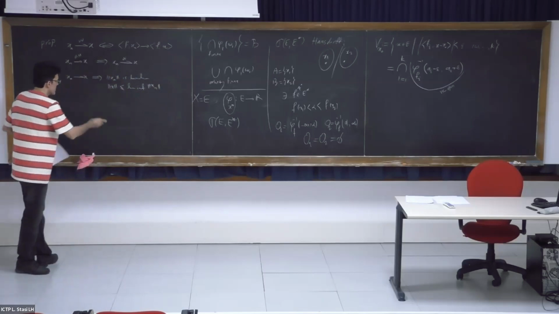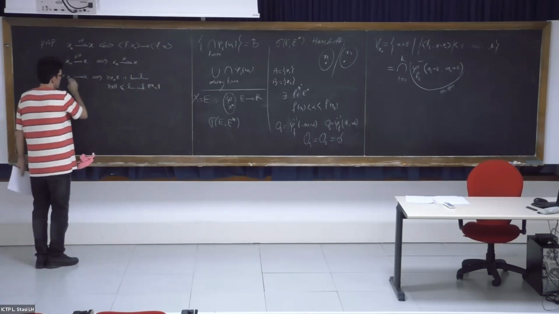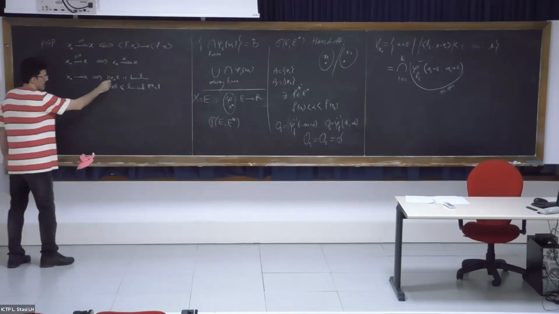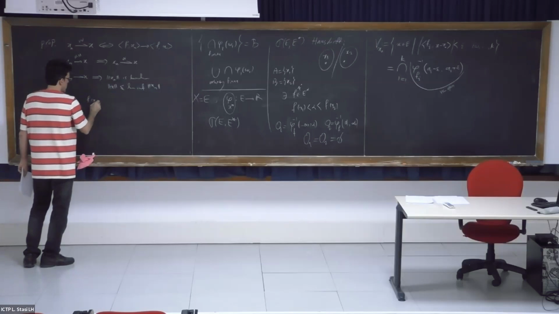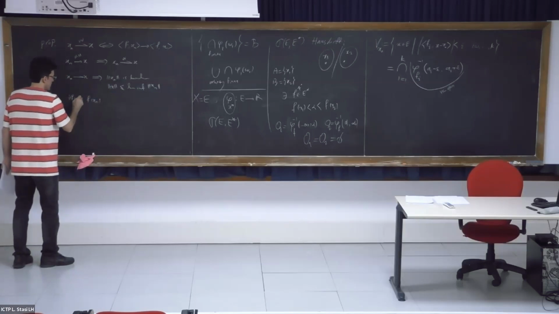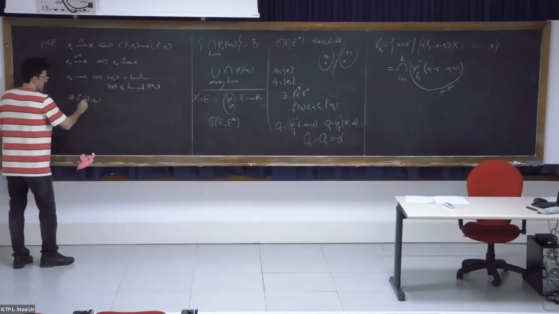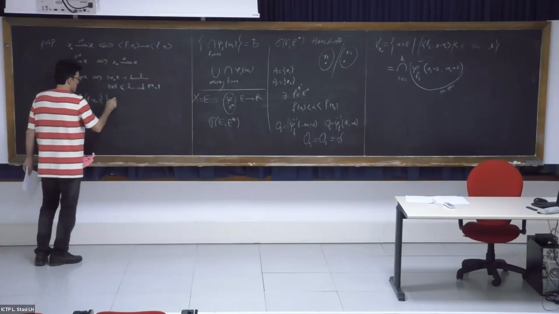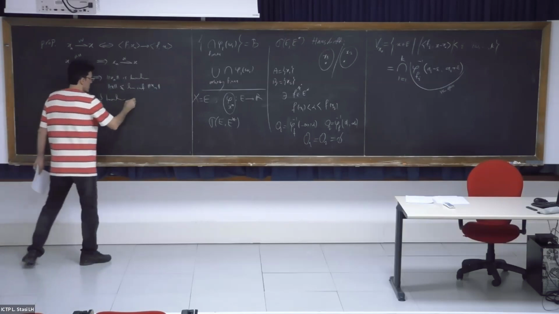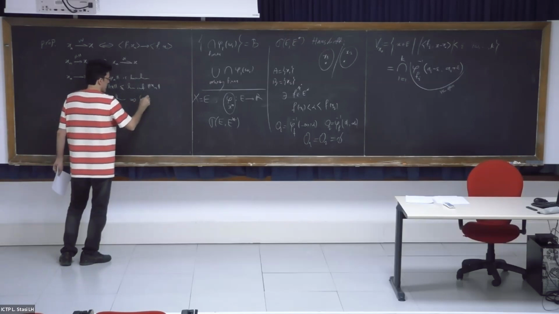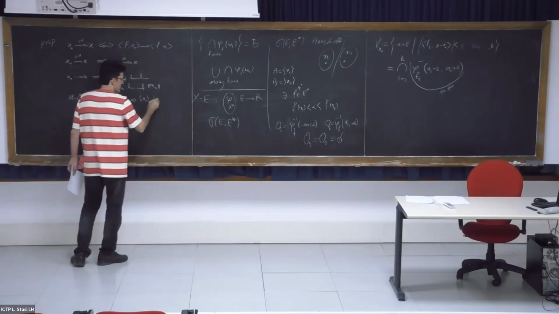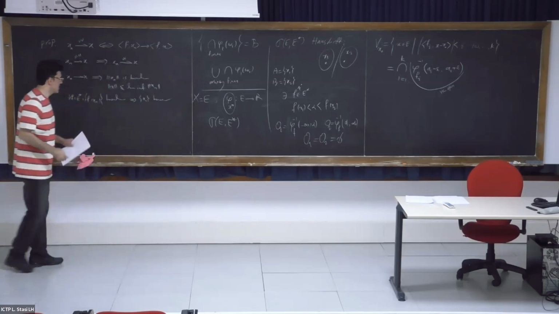Because if we have this one, then f(xn) for all f in X star is bounded. So xn is bounded in the norm topology.